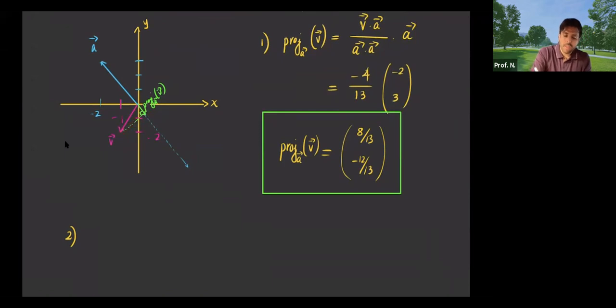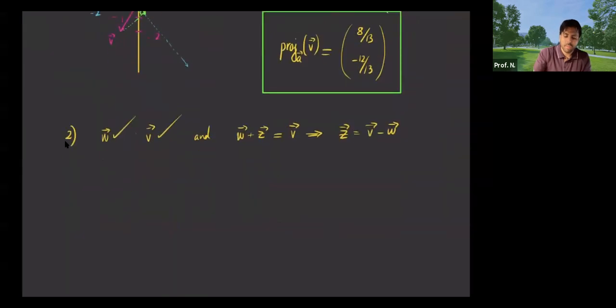And I think Inderpreet answered that question. W is known, V is known, and I know that W plus Z equals V, then Z is equal to V minus W. So it's really just a subtraction problem now.